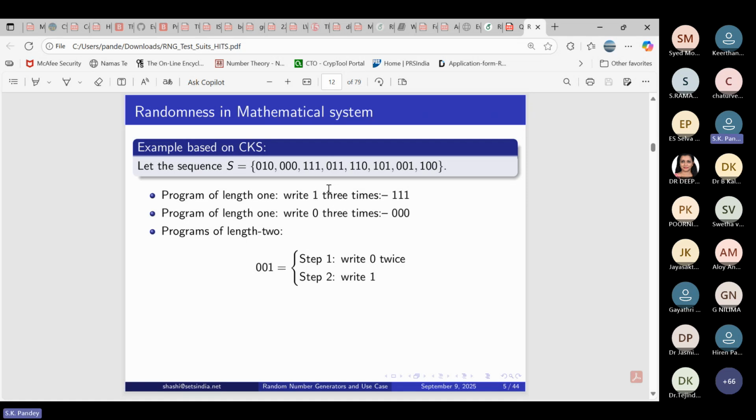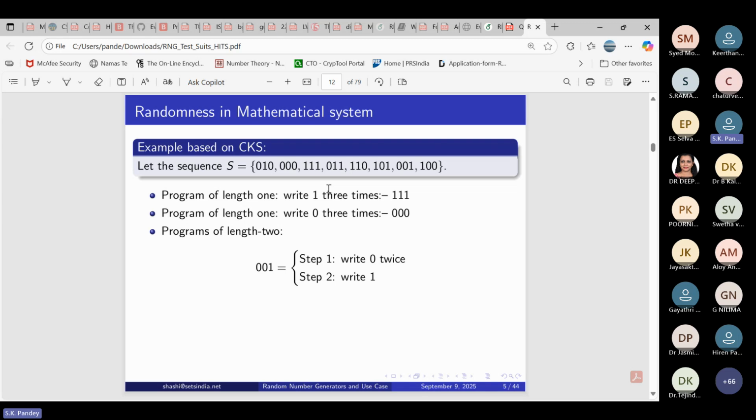So I can tell like these two sequences can be defined by just one line, which is called program or logic or whatever in your understandable words you can choose it. But ultimately, only one set of rule is required to define 111 and 000. So I can tell that there is a length 1 program which can generate 111 and generate 000.